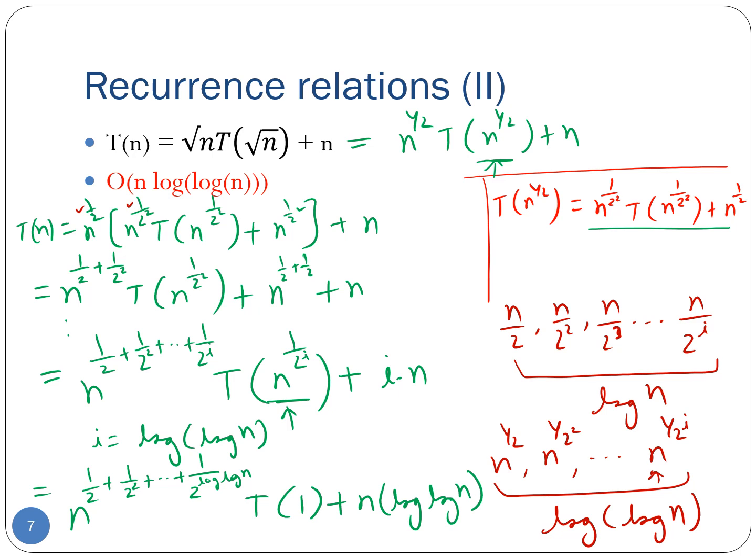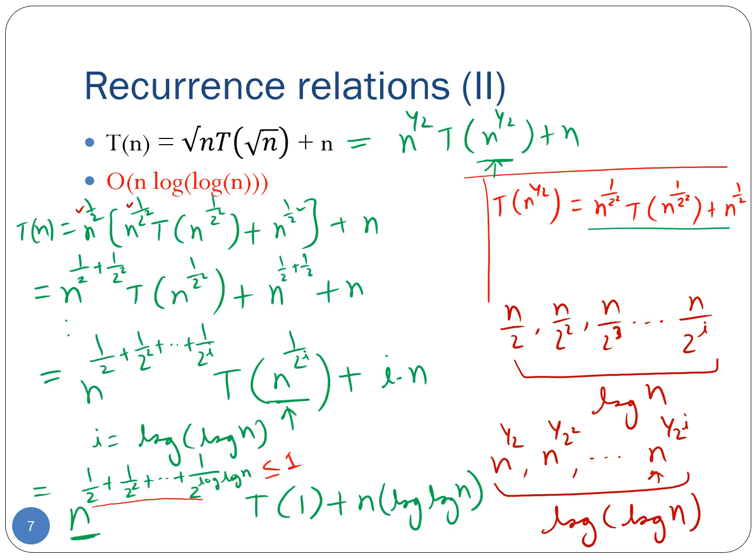That would depend on the complexity of this polynomial term here, n to the power 1 by 2 plus 1 by 2 square plus so on up to 1 upon 2 to the power log n. Now notice that this series that we have in the exponent is actually a converging geometric series. So the sum of this geometric series would be less than or equal to 1.